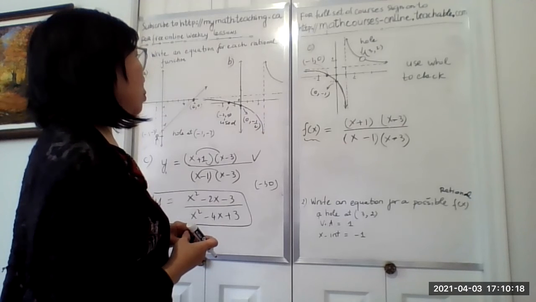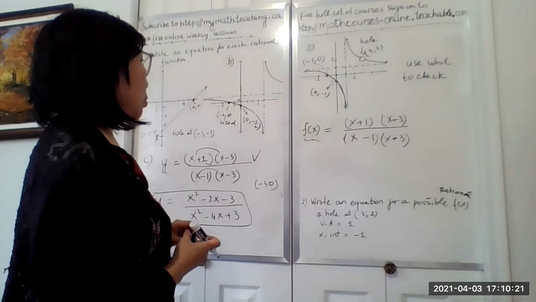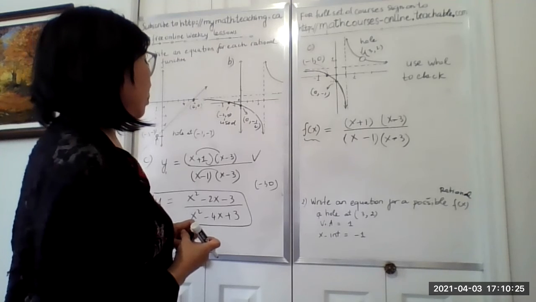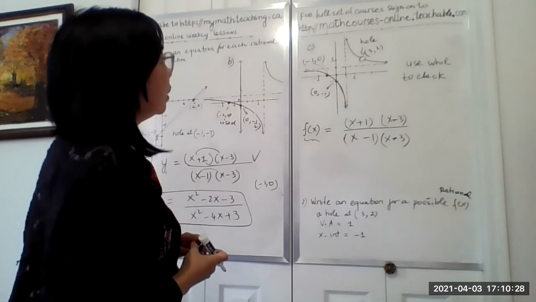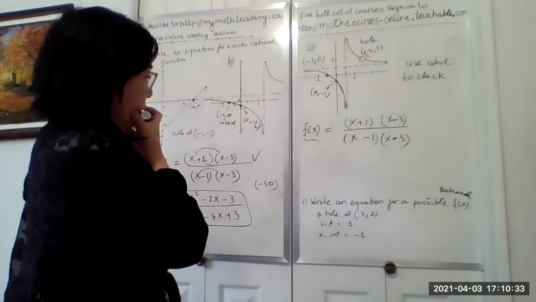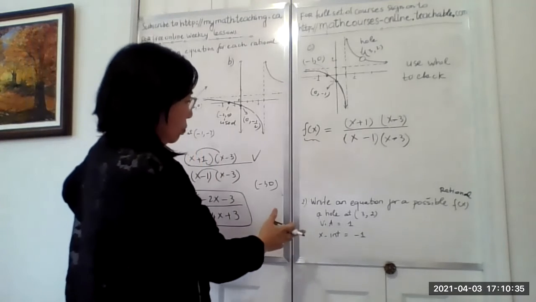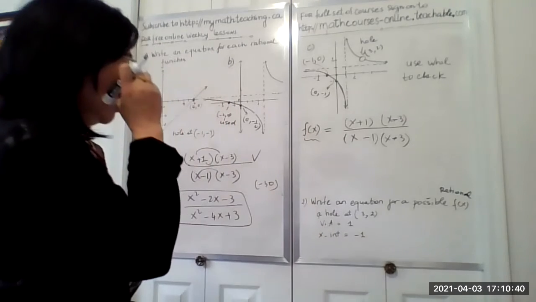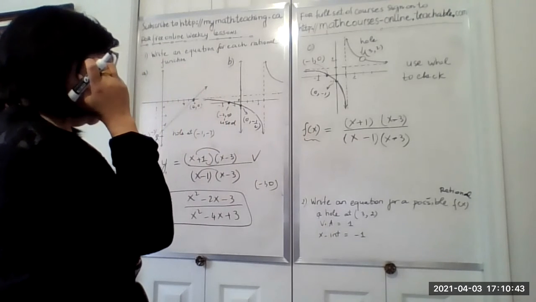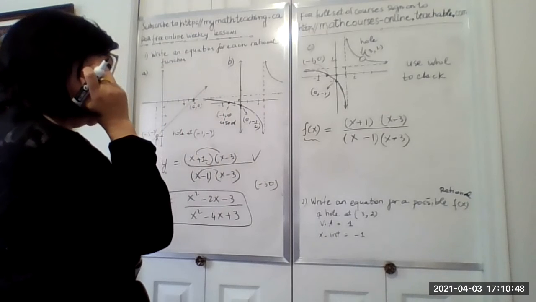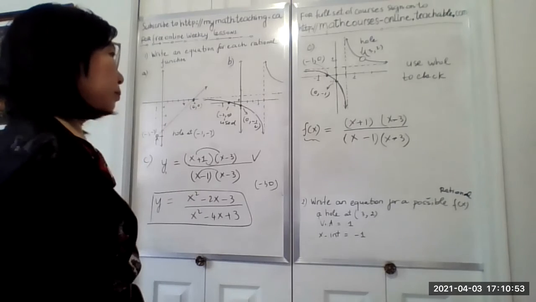So a hole at (3, 2). We don't have the horizontal asymptote. That's the only difference, right? So this is our equation for a possible rational f of x with a hole at (3, 2), vertical asymptote at 1, x-intercept equal -1.